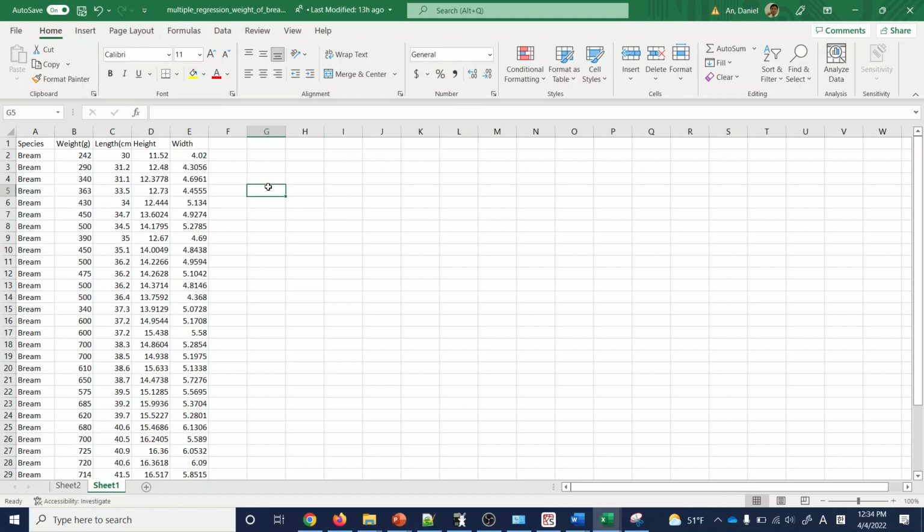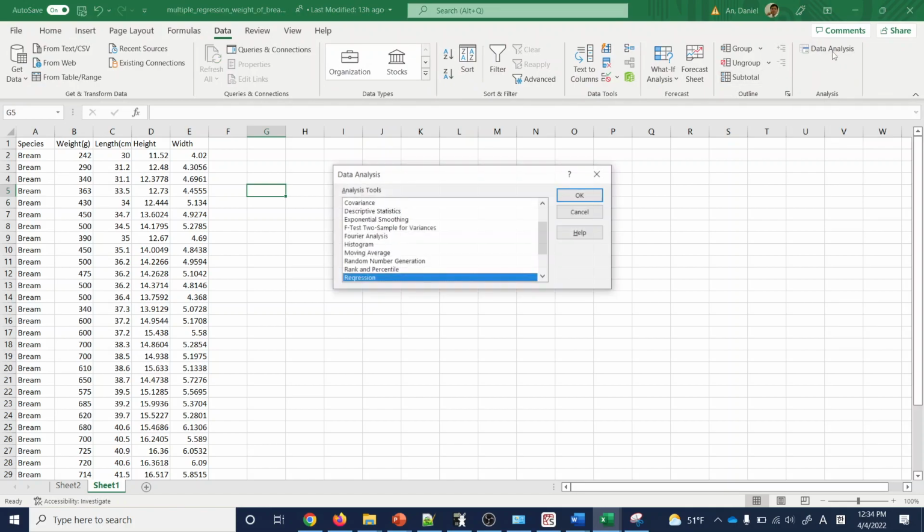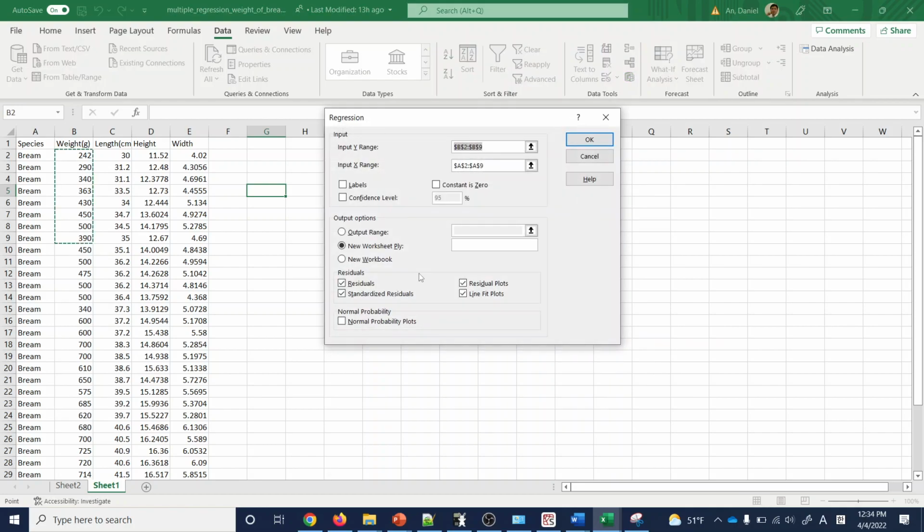So let me show you how to do it. Again, go to data analysis. This menu only appears if you have the data analysis tool pack installed. And then you choose regression. For the input y range, we want to predict the weight, so we're going to choose the weight here.